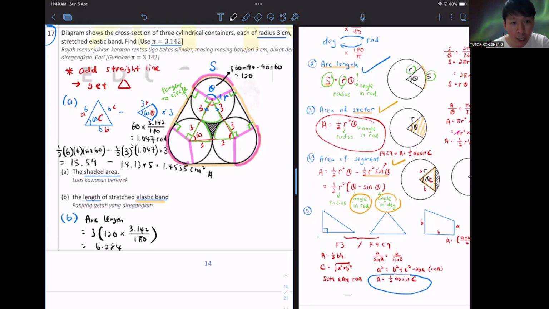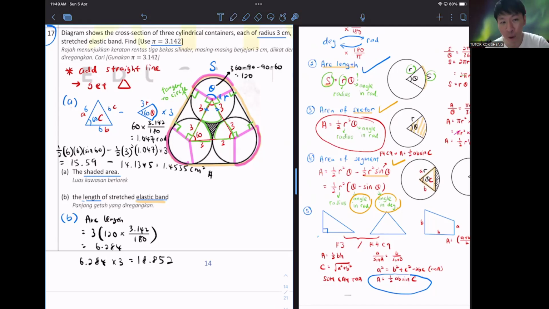So this is the arc length, just the one on top. And the other two arc lengths repeat the same. So the total arc length is 6.284 times 3, which is 18.852. So this is the total arc length for all three sides here.